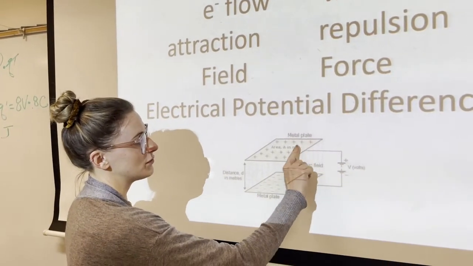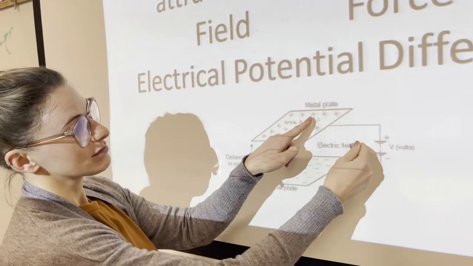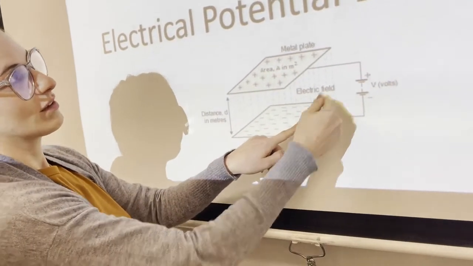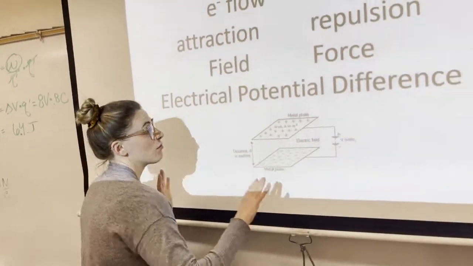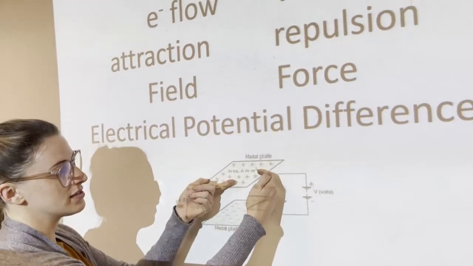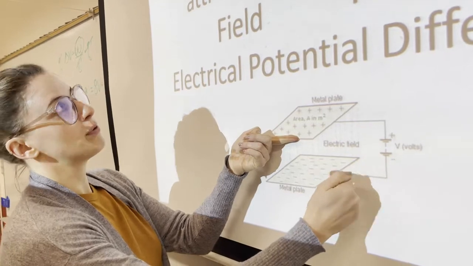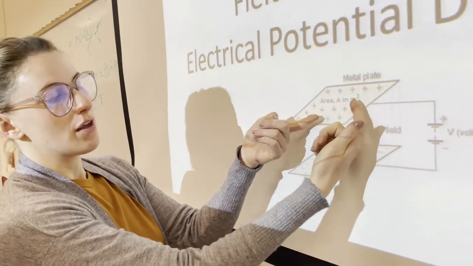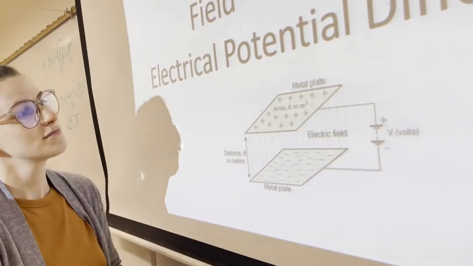Then you pump it to the other side where it's all negative, and it experiences repulsion. We're putting in work, pumping these electrons from this side to this side. These are experiencing repulsion, and these are attracted and want to go back. And in between, there's an electric field.